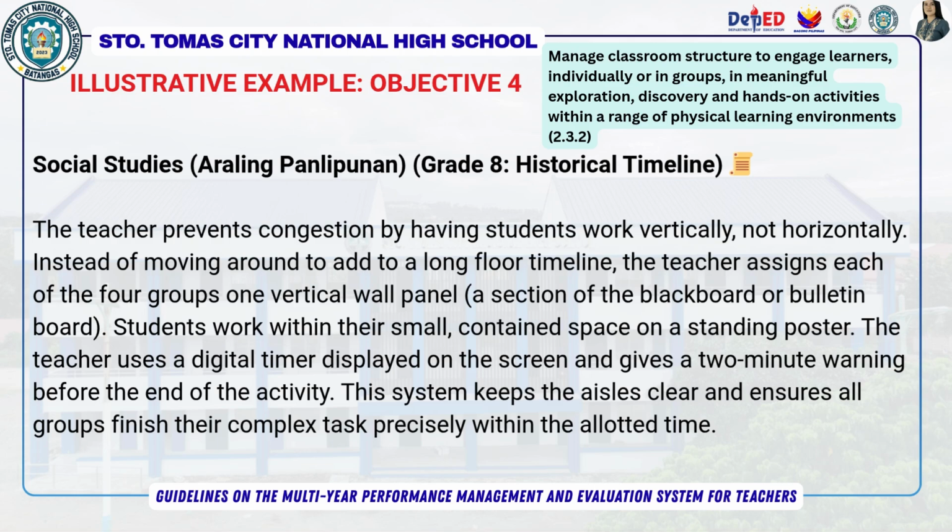This simple structural change, working vertically, not horizontally, keeps the aisle clear, keeps students contained, and allows everyone to work productively within the time limit. This demonstrates efficient management of the physical space to facilitate active learning.